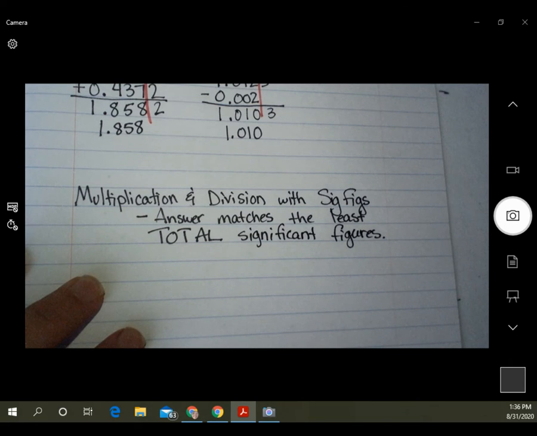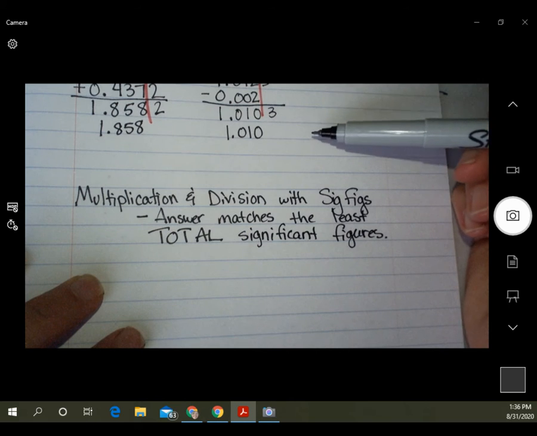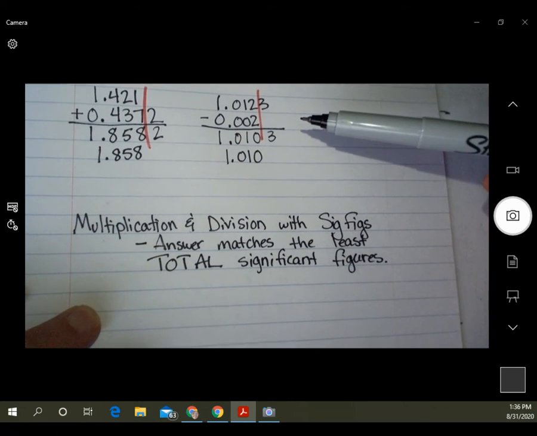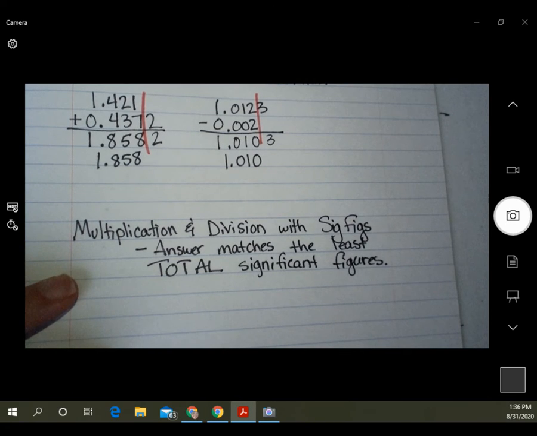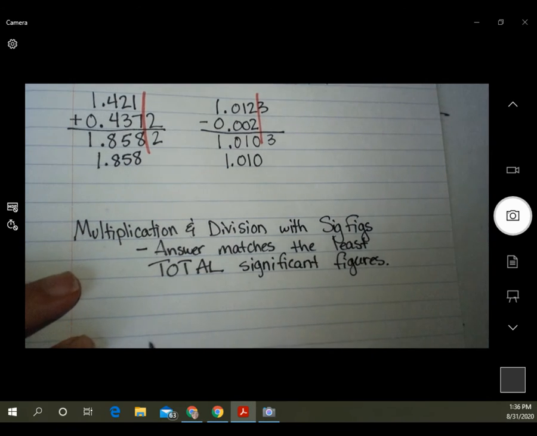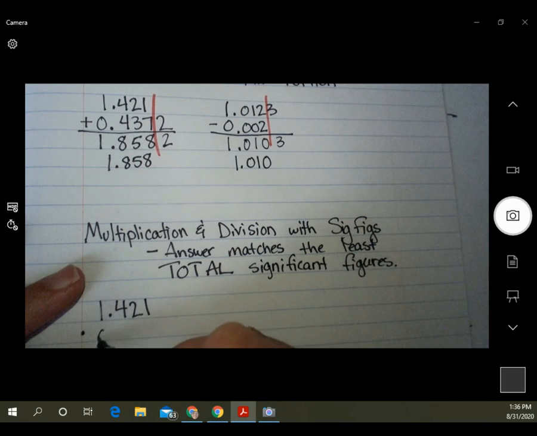So I'm going to come back up here and I'm going to do the same. I'm going to use the same numbers, but this time I'm going to multiply and divide them so that we can compare what our numbers would be. And then this time we're going to multiply.